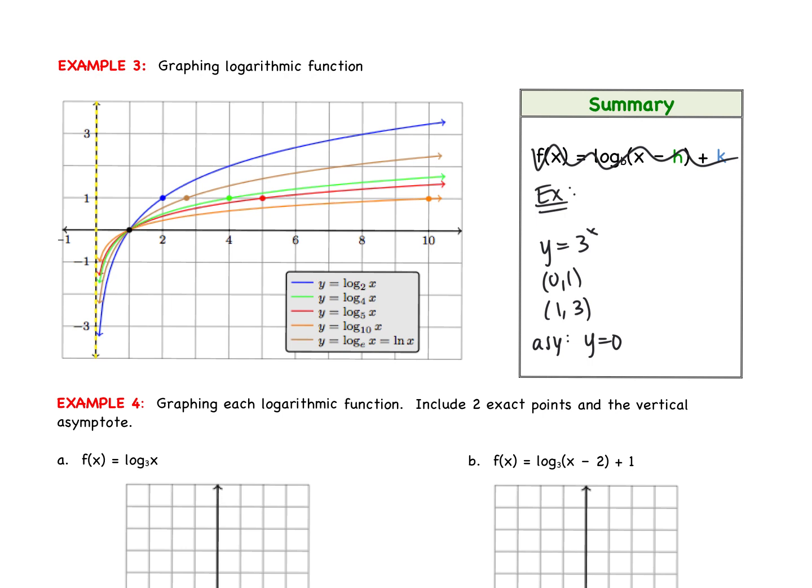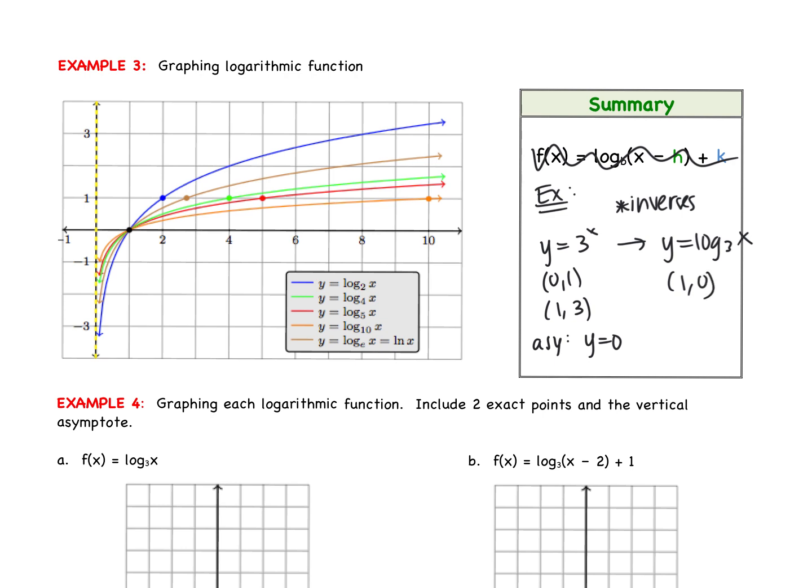Okay, so when we started out logs at the very beginning, we said exponentials and logs are inverses. So if we compare this to y equals log base 3 of x, we know that they are inverses. What do we know about points when we have inverses? They flip. So that 0, 1 becomes 1, 0, like we see on the graph.